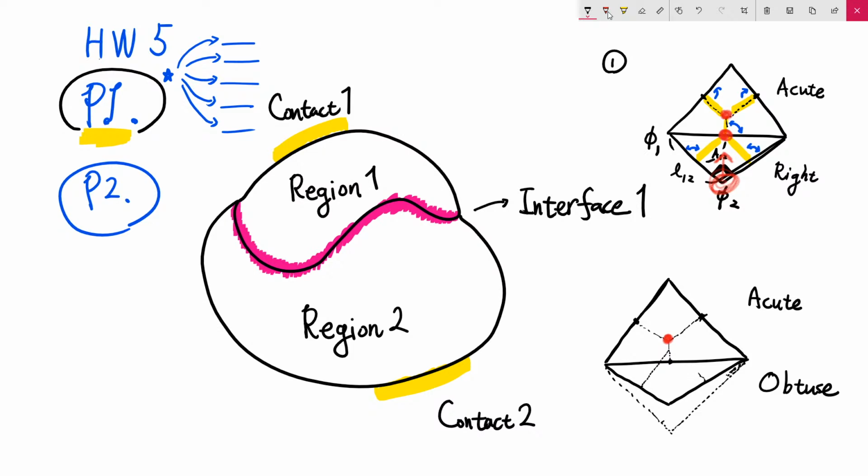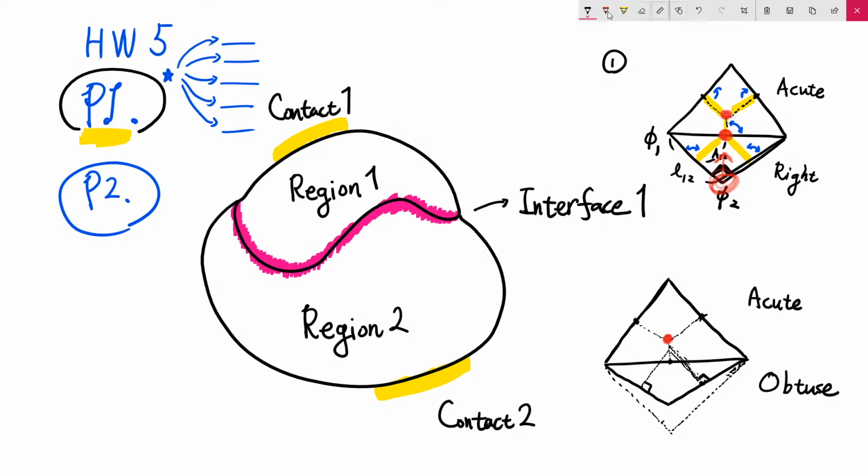I think I should be a little more careful about finding the midpoint. Okay. But I think that, let's say this is right angle and right angle.